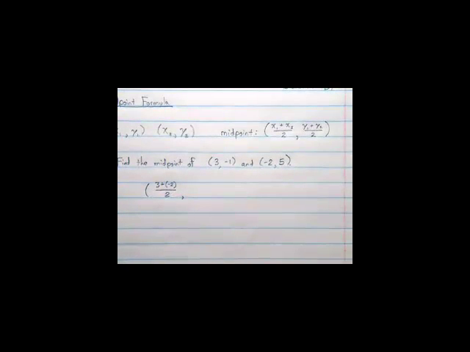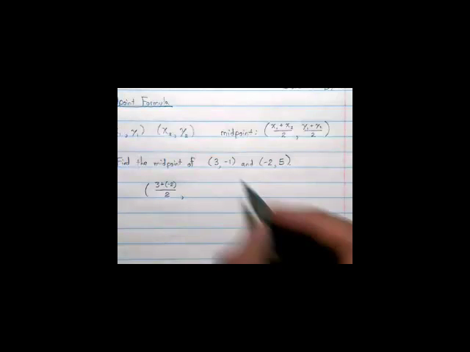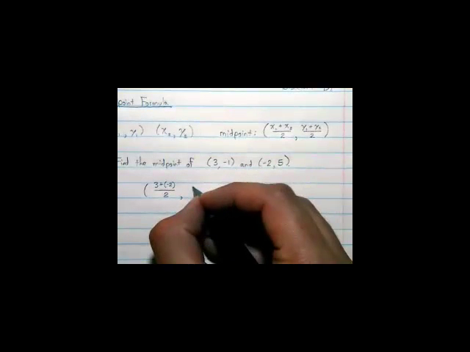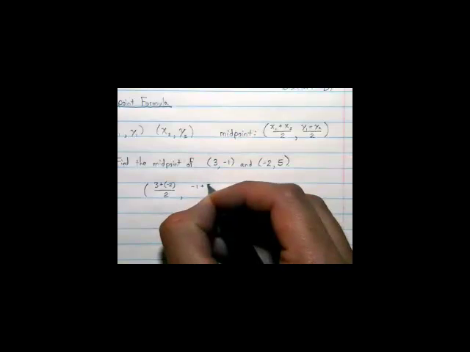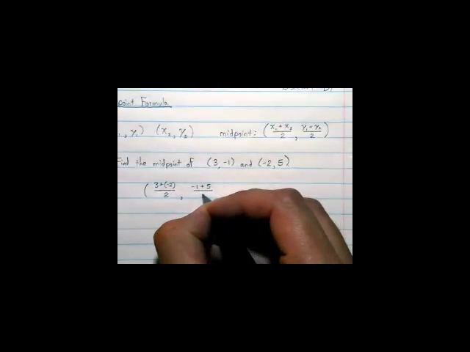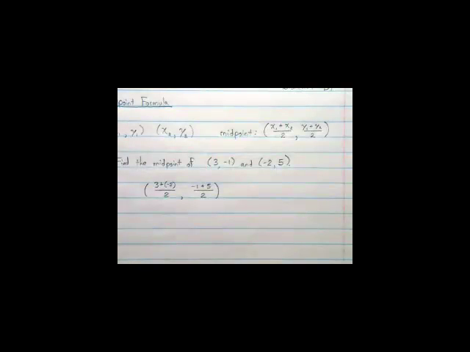And then I'm going to average my y's, so -1 plus 5, divided by 2. And then I just have to figure out what each one of those 2 fractions is.